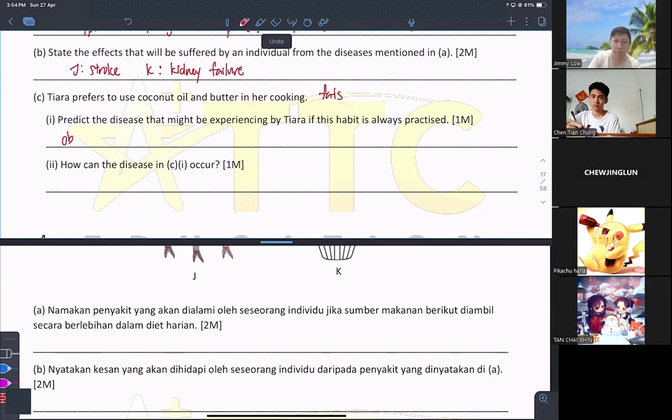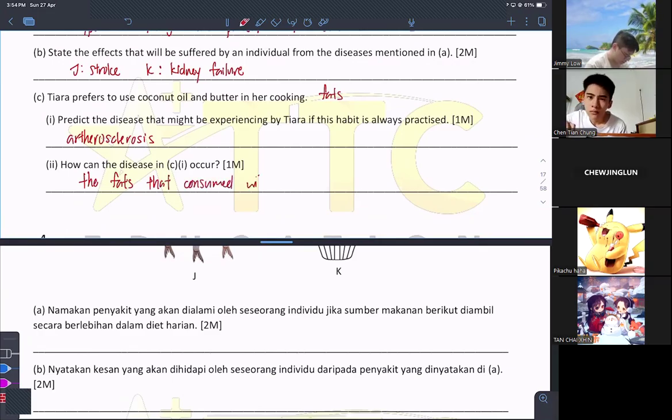Okay, if you want to be more professional, because of too much fats, too much cholesterol, in the end, you are going to deposit cholesterol in your blood vessel, called atherosclerosis. How can the disease in C1 occur? You say the fats that are consumed will deposit in the blood vessel to cause the disease.